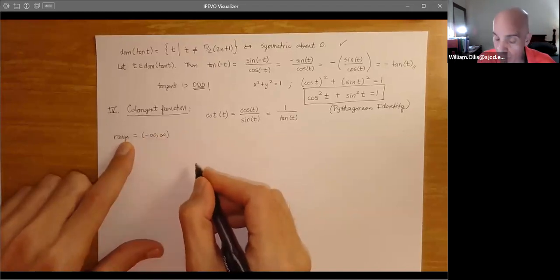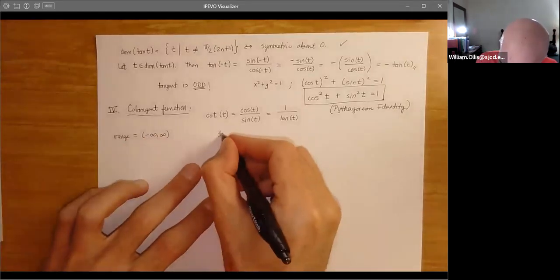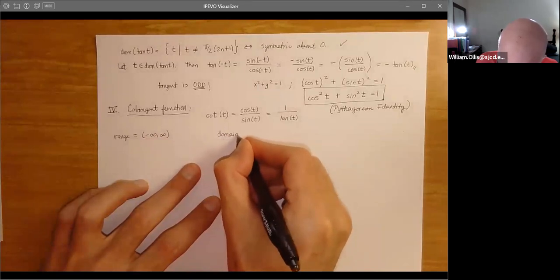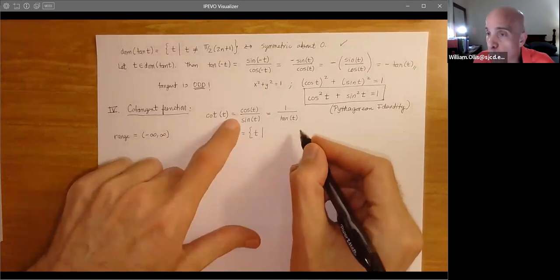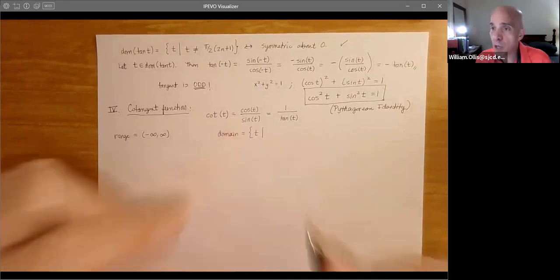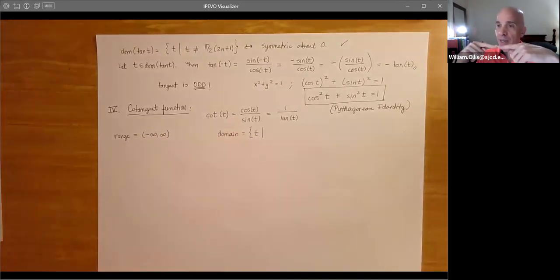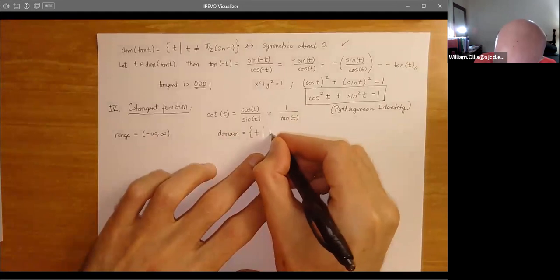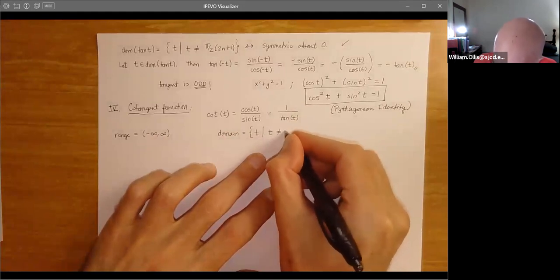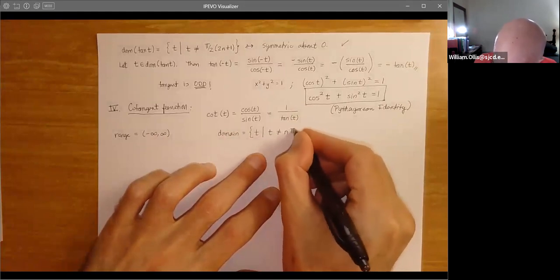It'll have principal branches. But now with the domain, we're going to look for all real numbers t. And of course, we don't want the sine to be 0. And we know that the sine is 0 on the x-axis. That's where the y values are 0. So we say this is much easier. t not equal to integer multiples of pi.